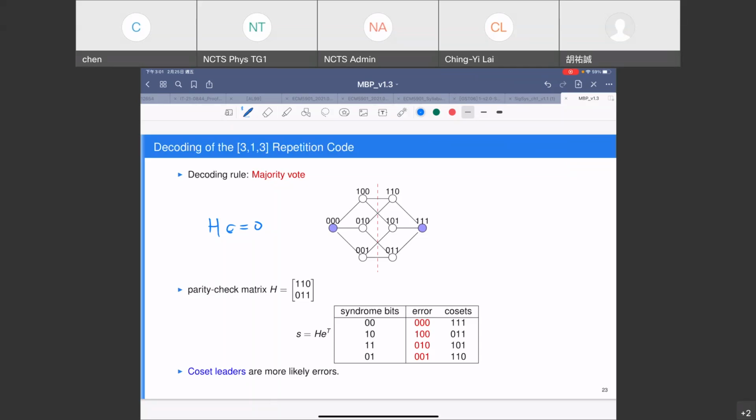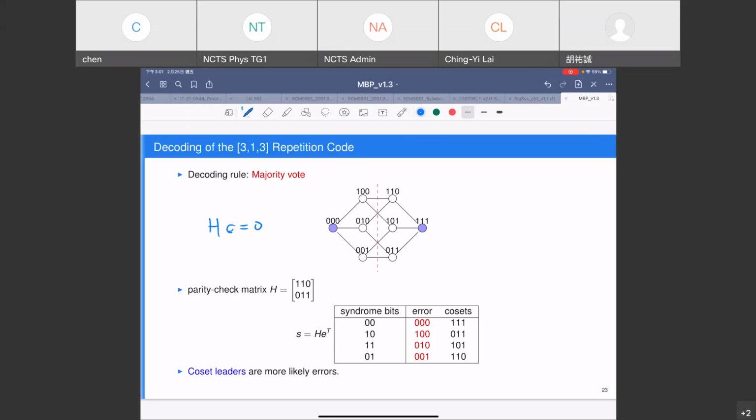However, if you have too many parity checks, the size of this table is exponential in the number of checks. Suppose I have R syndrome bits. The size of this table is 2 to the R, so it's exponential. In practical implementation, we cannot use this kind of table decoding.